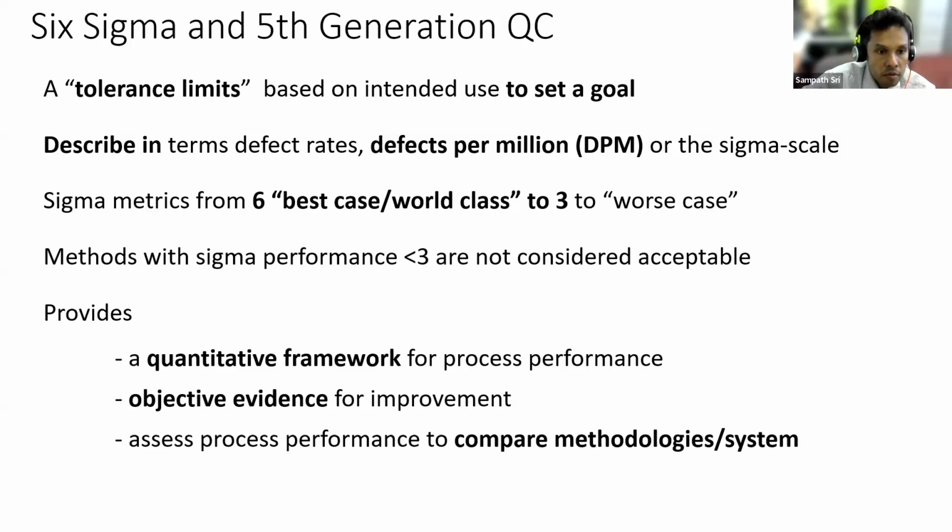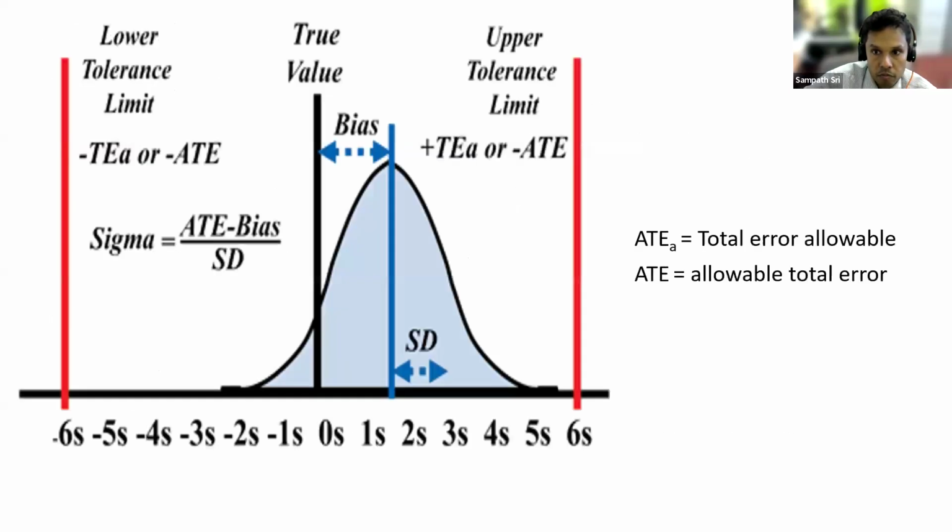So Six Sigma provides a quantitative framework for process performance. Then it gives us objective evidence for improvement of our test procedure. Then we can assess our process to compare with another system, or even compare two of our assays with this Six Sigma process.